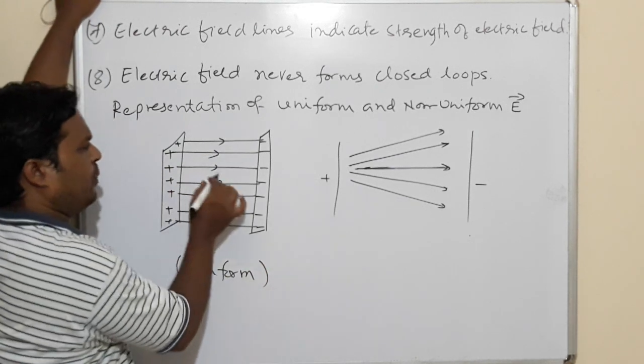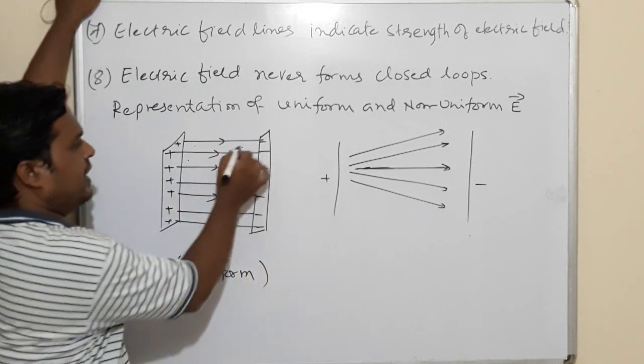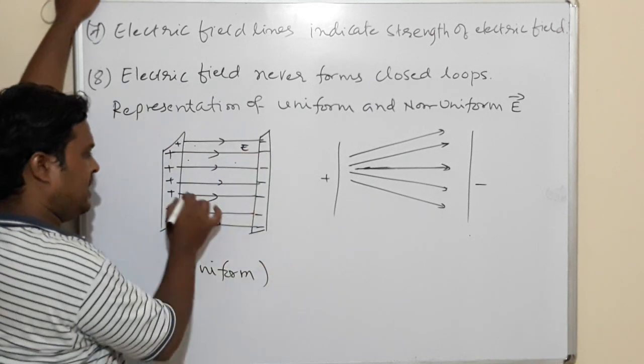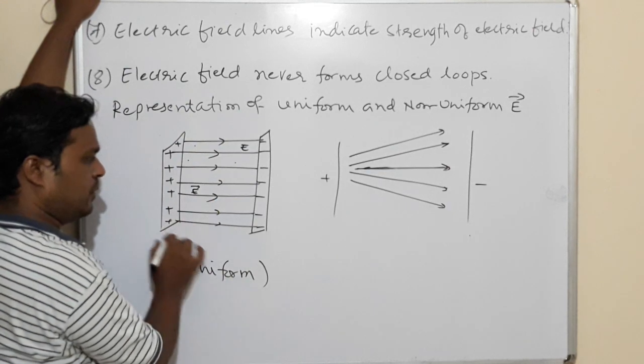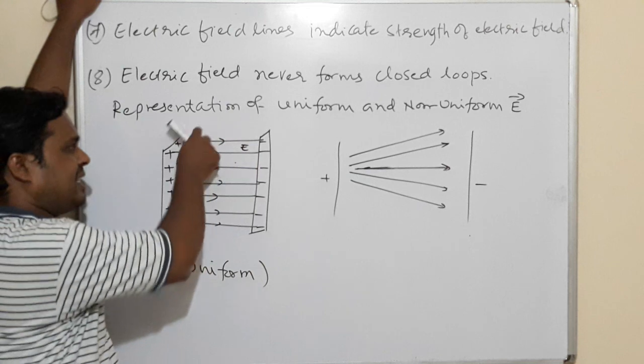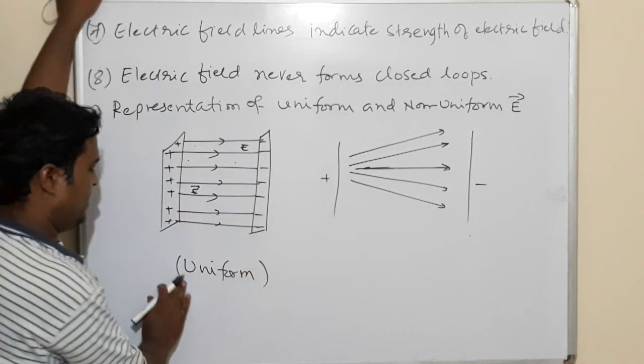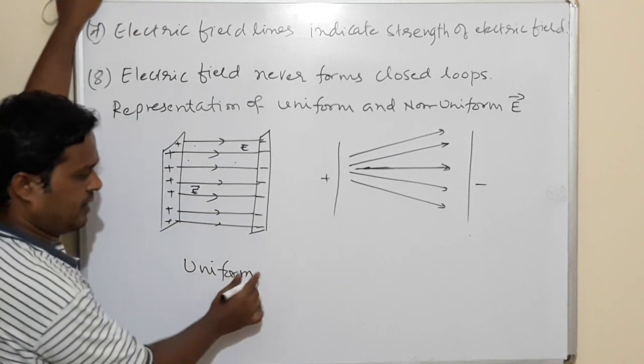Uniform electric field means the strength of the field will be the same. Here if the strength of the field is E, here also the strength of the field will be E. Anywhere between these two plates, the electric field intensity is the same. Then we say that this is a uniform electric field.